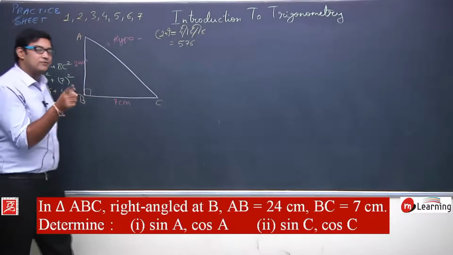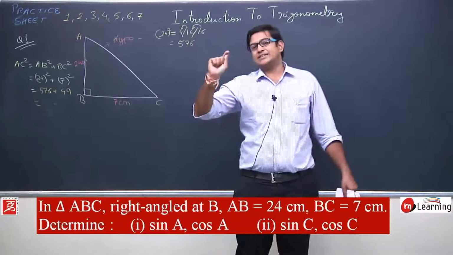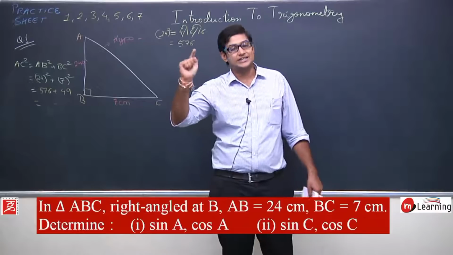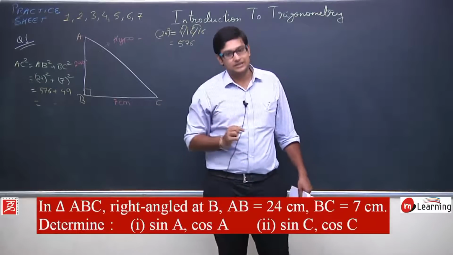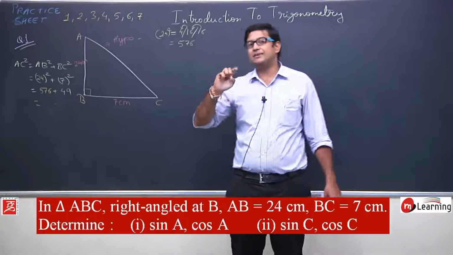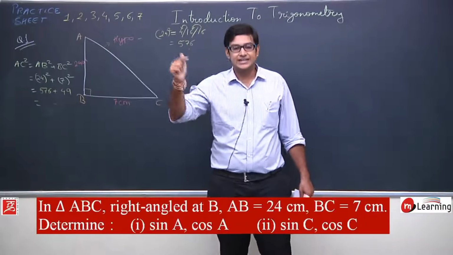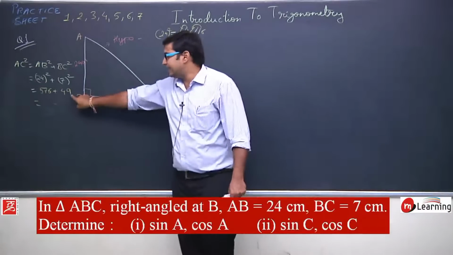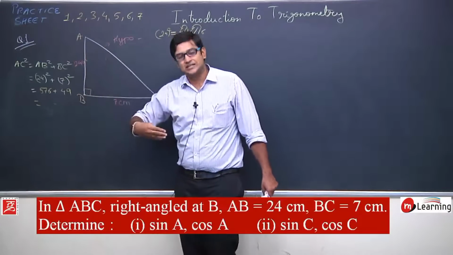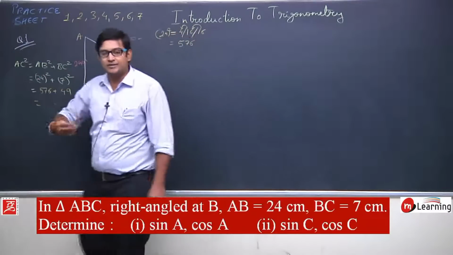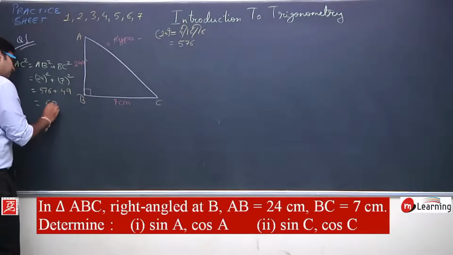So adding 40 to 576 gives 586, 596. Now after 596, adding 10 more gives 606. Then 10 more gives 616. Adding 10 more to 616 gives 626, but we only need to add 9 because this is 49, so we added 50 and subtracted 1. So 626 minus 1 is 625. So this is 625.